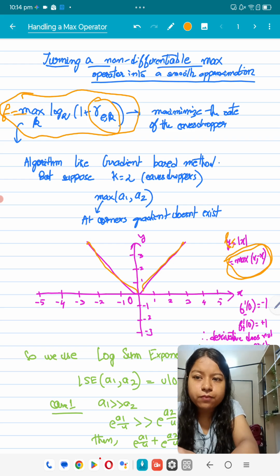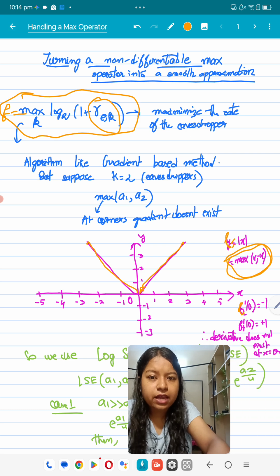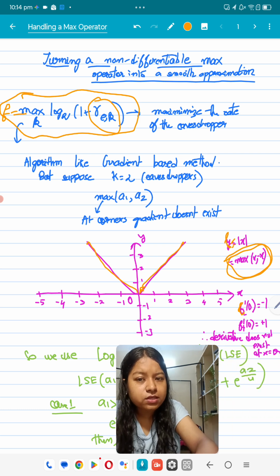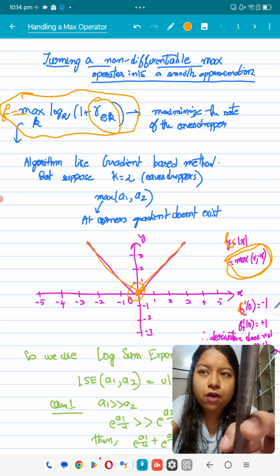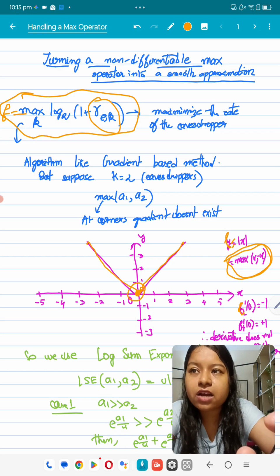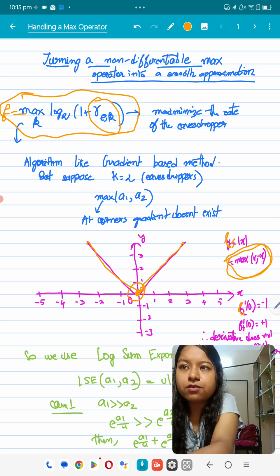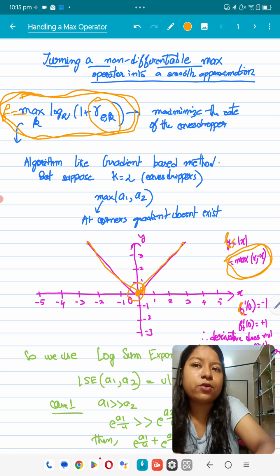If we take the gradient, f dash on the negative side is minus 1, and f dash on the positive side is plus 1. That means at the corner point at 0, the gradient doesn't exist. So whenever our algorithm finds the gradient of this kind of function, it will get stuck at all the corner points like this.